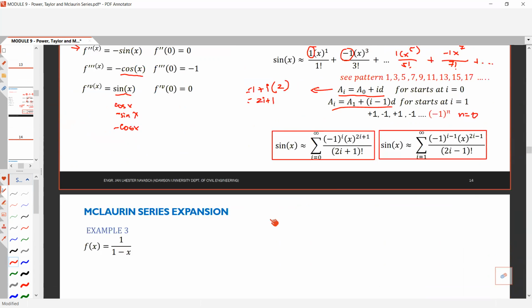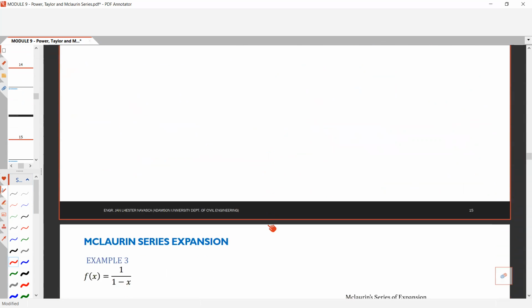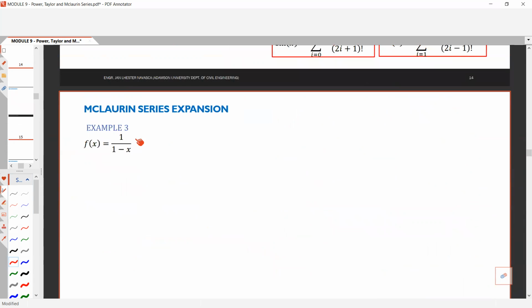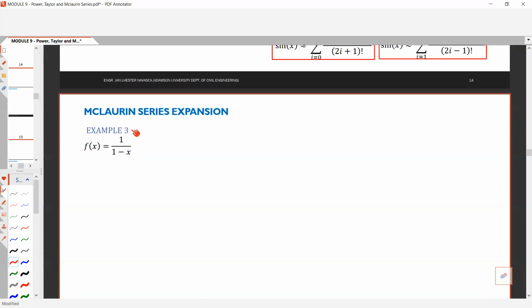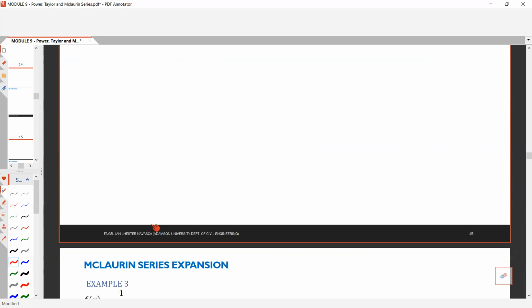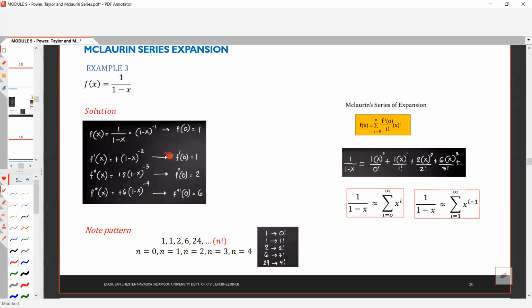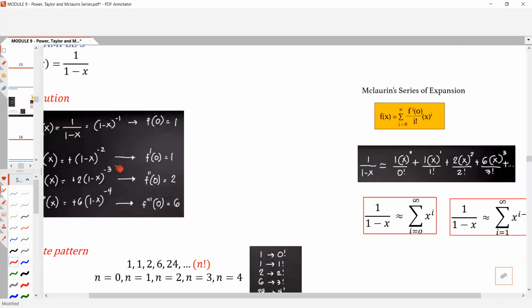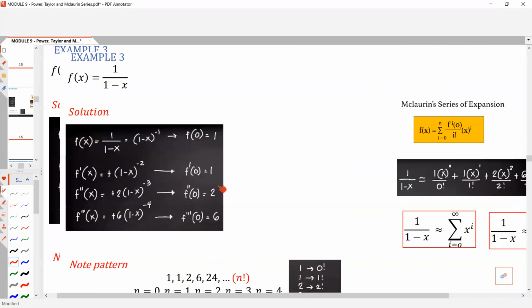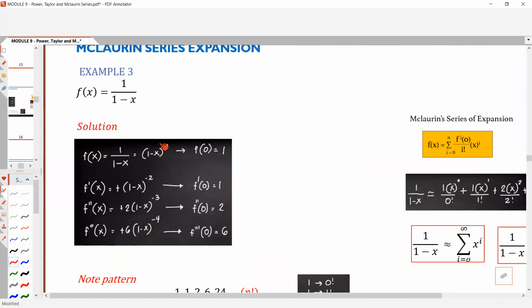Okay, next is example 3, which is 1 over 1 minus x. This is also a continuous function, and later we will discuss why it is continuous. 1 over 1 minus x is simply 1 minus x raised to negative 1.